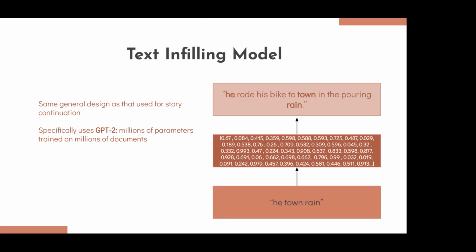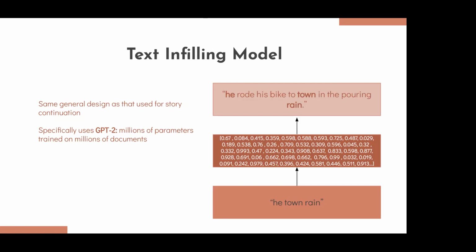It's just, its uniqueness is in the fact that it has many parameters, and parameters meaning these vectors of numbers that represent the encoding here in this middle layer. There's millions of them. And it's also trained, or it's observed, millions and millions of documents. So it has a lot of knowledge of language, and that's what gives it some of its power. The other thing with GPT-2 is that it can be tuned for any different task.